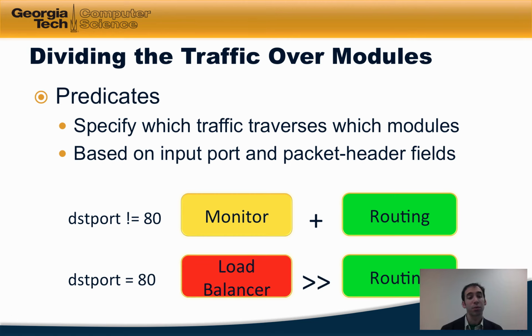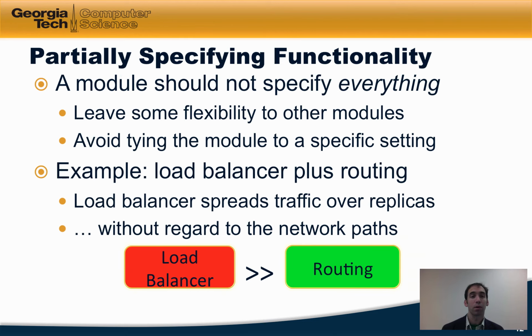But if the destination port is port 80, we'd like to perform load balancing followed by routing. Note that each module only partially specifies what should happen to traffic, leaving some flexibility to other modules. This avoids tying a particular module to a specific setting, thus making the modules more self-contained and portable.